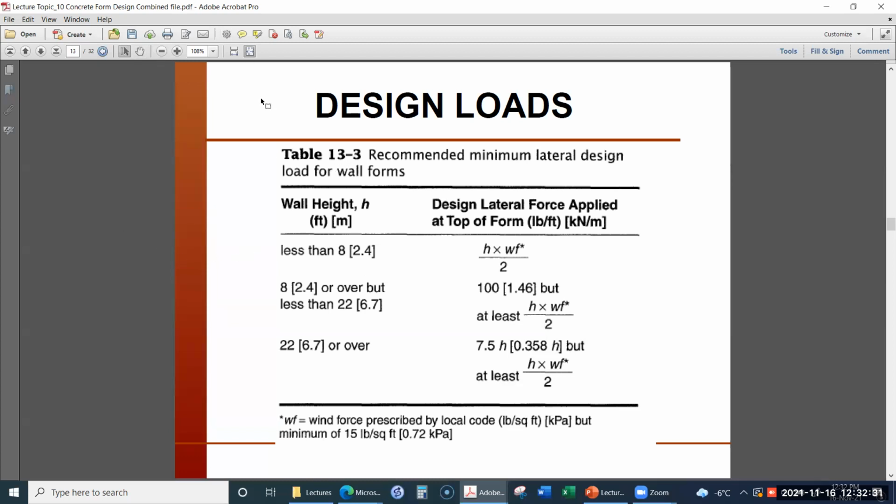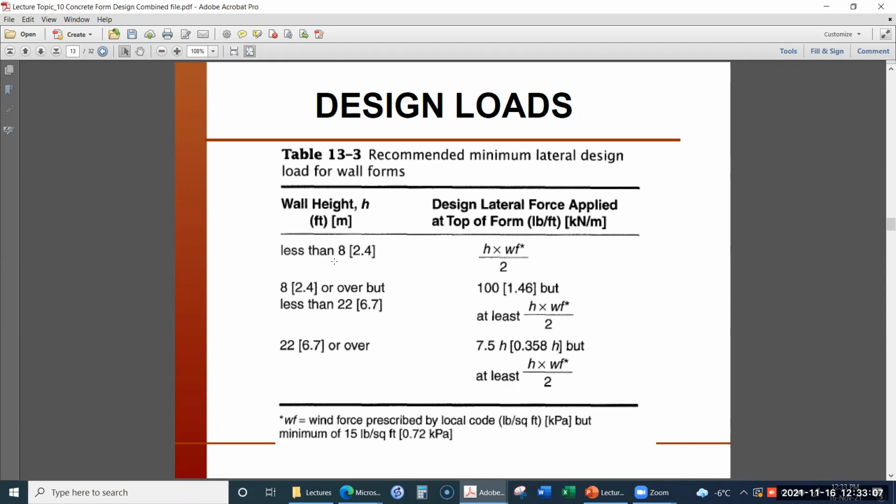Table 13-3 shows us the recommended minimum lateral design load for the wall forms. That means these wall forms would be designed for these design loads.